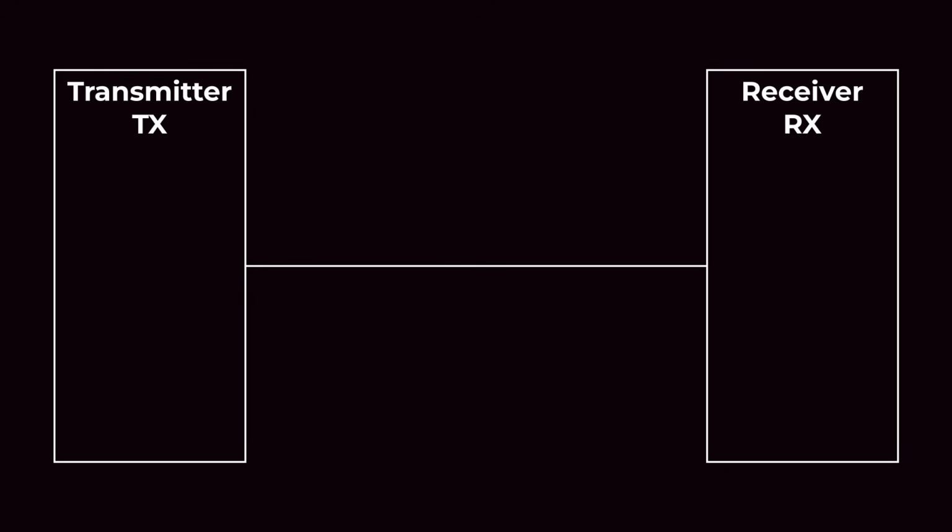But in practice, it's pretty much the same. Now, sending data, let's say a bit, means nothing more than applying a voltage on the transmitter side for a given amount of time and then measuring that on the receiver side. But let's save the details on that for later and get back to what serial means.